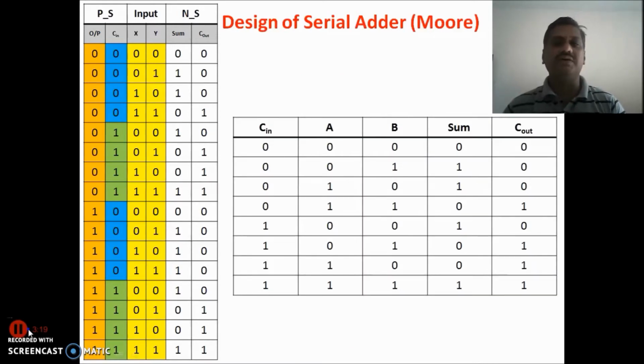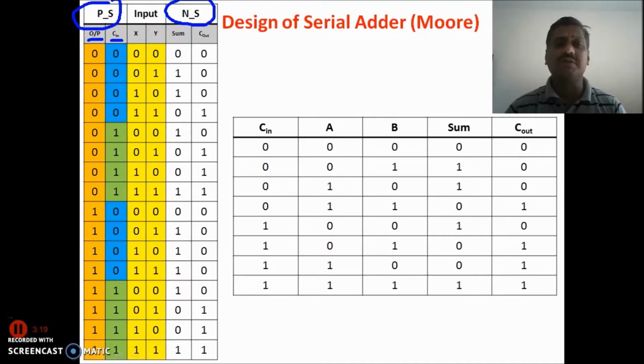Now look at what we have considered. I have considered the present state, and this is the next state, and then we will check what happens. Each state indicates the thing which we have to memorize plus the output.